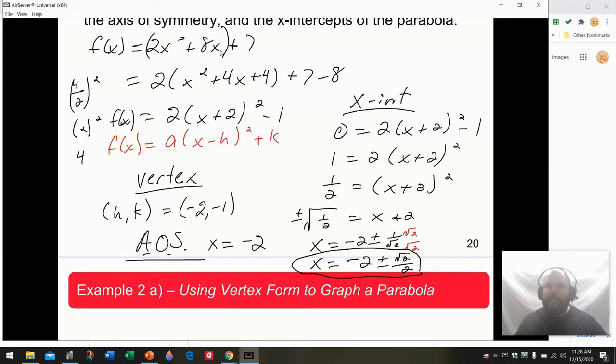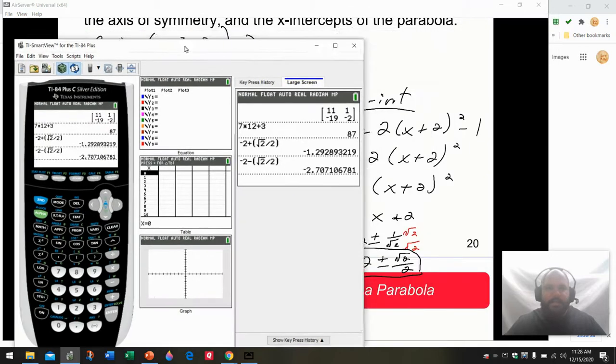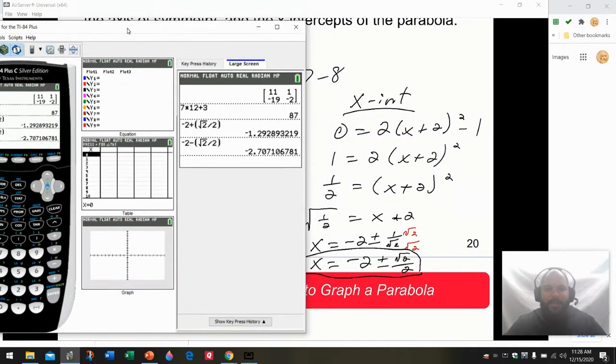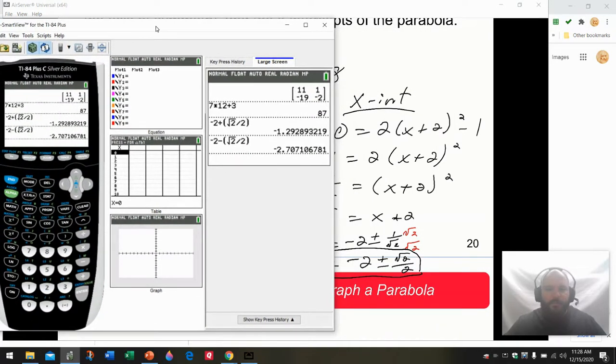Now, you might say, well, I have no idea what number that is. That's okay. We can type that into our graphing calculator easily enough and get our answer. So we're going to type in -2 and then plus, and then you do need parentheses around it, the square root of 2 divided by 2. And you can see I got -1.3. So this is equal to -1.3.